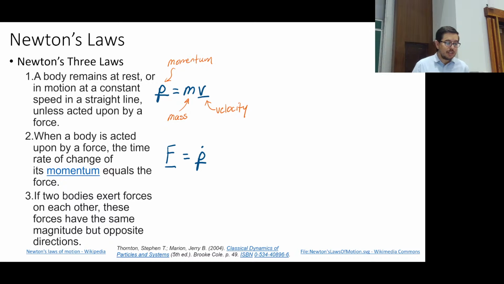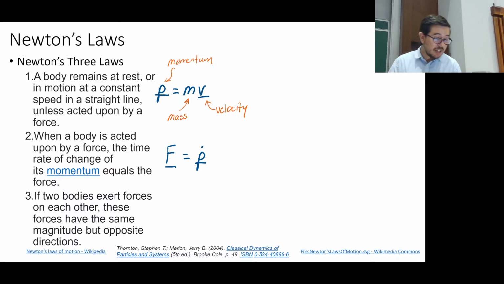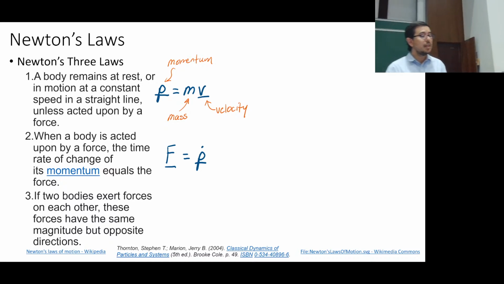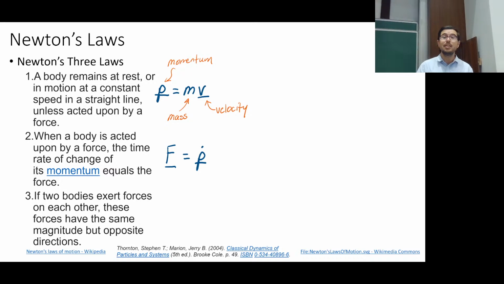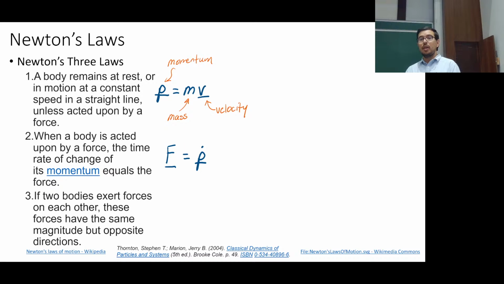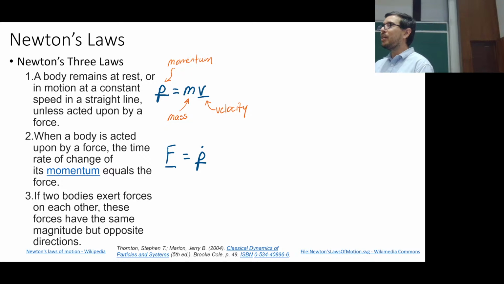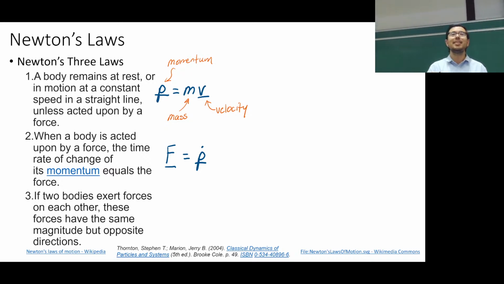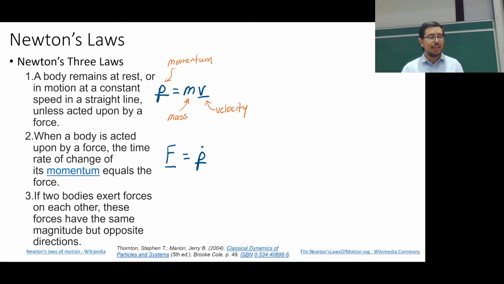This equation relates to the second law: when a body is acted upon by a force, the time rate of change in its momentum equals the force. This one we will use a lot, okay? But what is P dot going to be equal to? First derivative? Okay, well, but, right, they tell you in class, yes? Mass times acceleration. Oh, okay, yes, that's true.